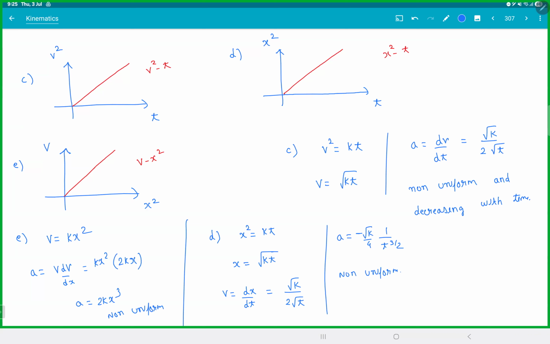So there, get the slope, get the equations and finish it off. Let's see one more like this. All clear with this?